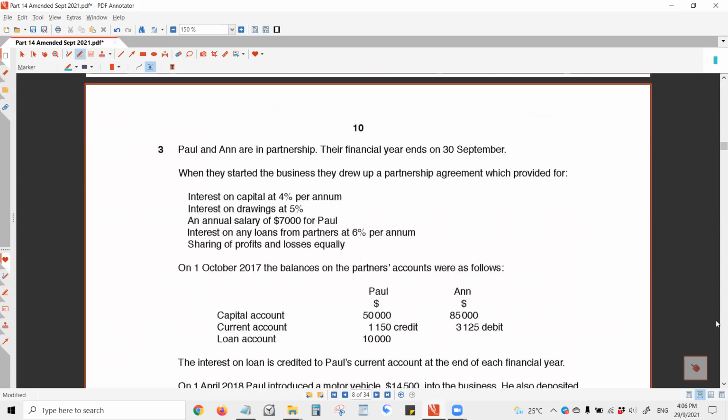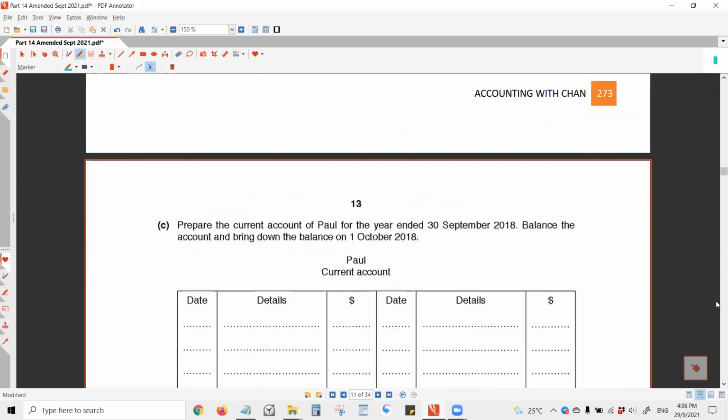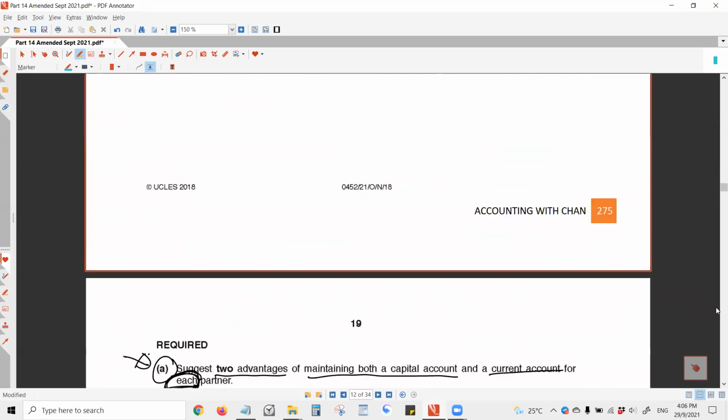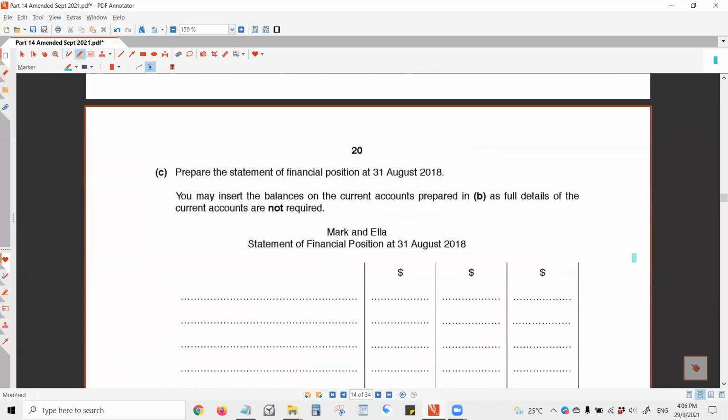I show you a few more. This time you see page 277. This is the second kind of question. They ask you to do the SOFP. Now, how do you know whether you have to show the full details of the current account in here or not?